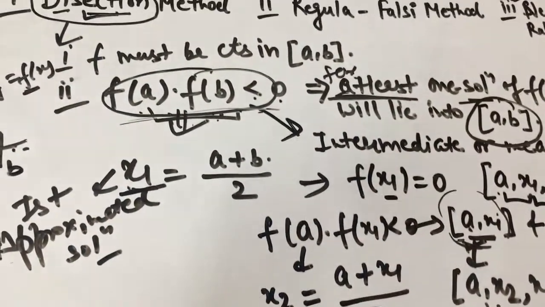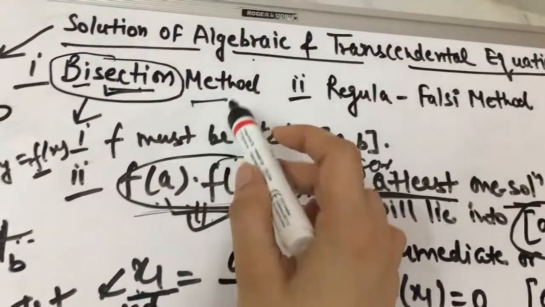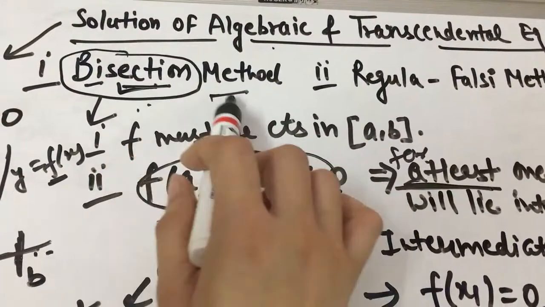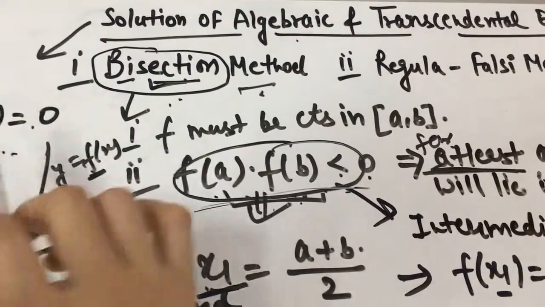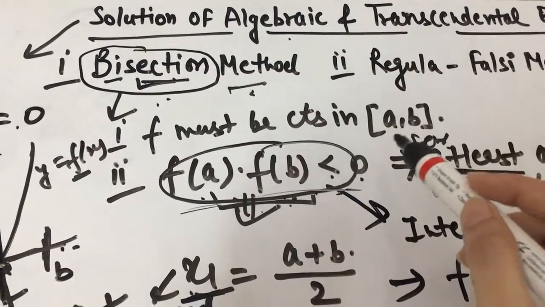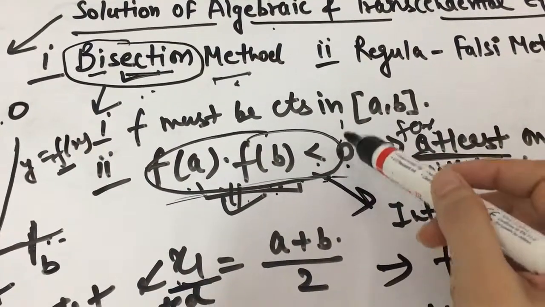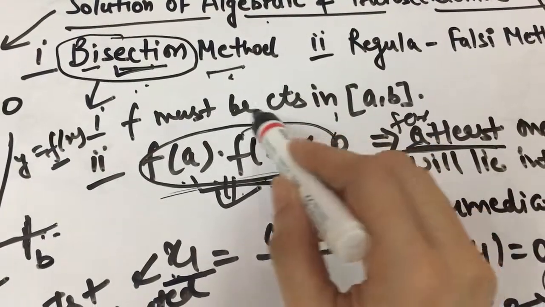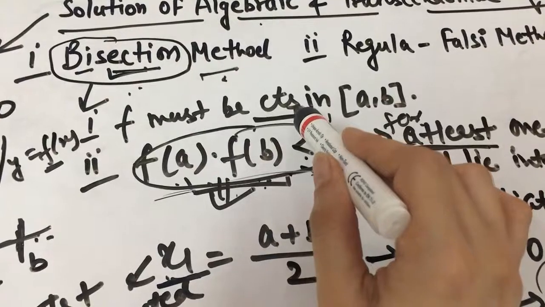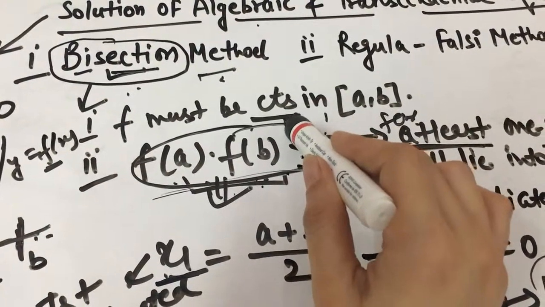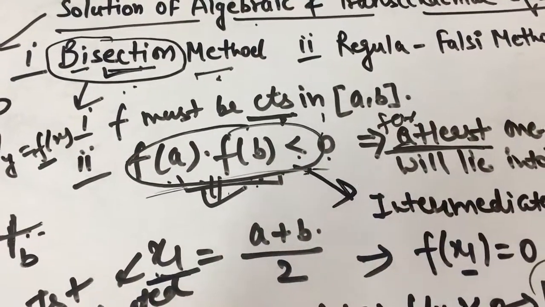So this was the bisection method. To apply bisection method to find approximated solution of any equation, we should have these two properties. The first and most important requirement is that function should be continuous. If function is not continuous, then we are not at all able to do anything.